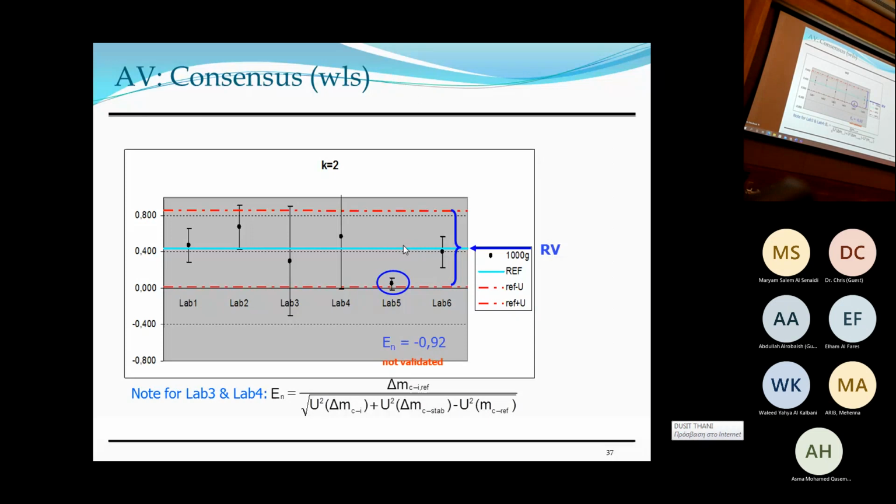So the EN for labs 3 and 4, it says, are calculated by including 3 terms for the uncertainty. One is the lab uncertainty. The other is the stability minus the reference. Why minus?